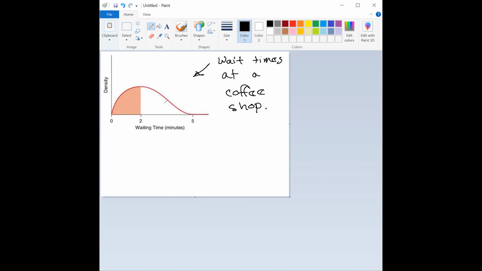The idea of density is how many outcomes there are for that waiting time. The total curve represents the maximum amount of possible wait times, and all the possibilities together have to add up to 1. So let's say the total area under the curve is 1.